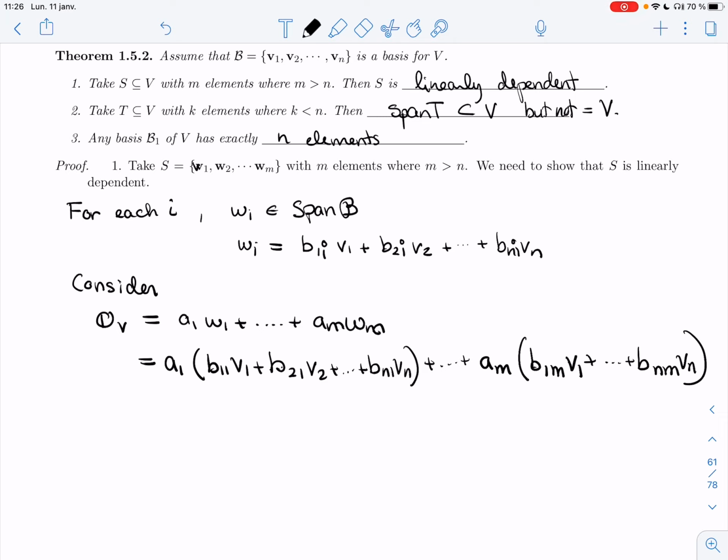Just like we did in those examples that I mentioned, we put all the v1s together. So we'll have a big thing times v1. The terms for v1 will be a1 b11, plus a2 b12, and the last one will be am b1m.